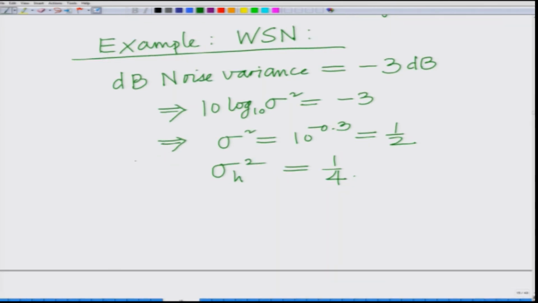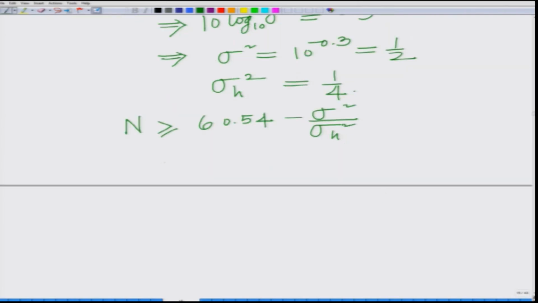Therefore, we derive that n is greater than or equal to 60.54 minus sigma square by sigma h square, as we have derived above, that is 60.54 minus half divided by 1 by 4, which is half divided by 1 by 4, that is 2.